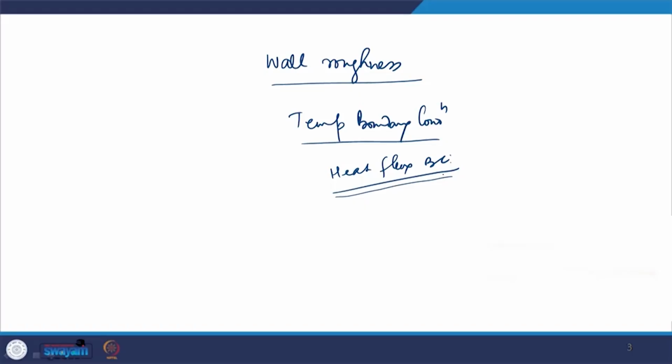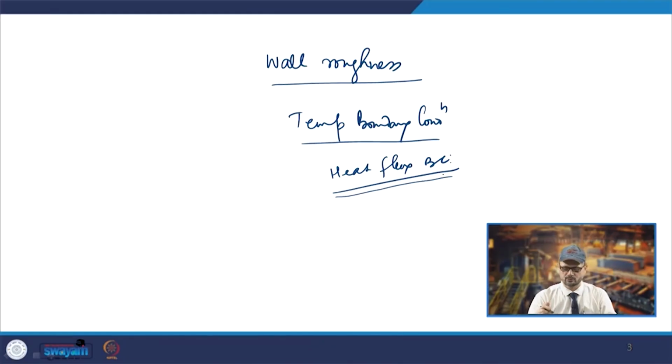Similarly, you may have the heat flux condition. Apart from the temperature boundary condition where you define a temperature at the wall, you have the heat flux boundary condition. In that you provide a constant value of heat flux, and from that heat flux the solver will try to find the temperature.